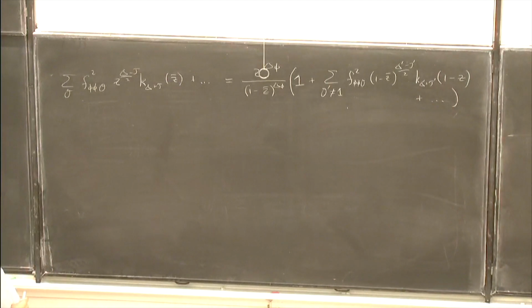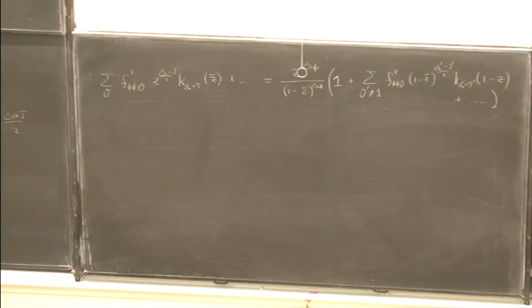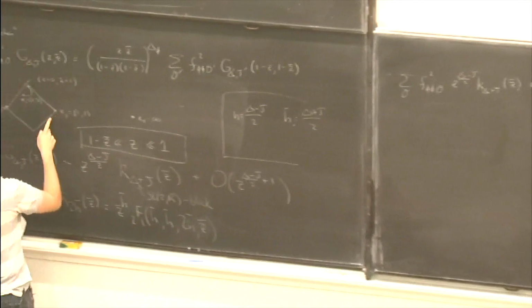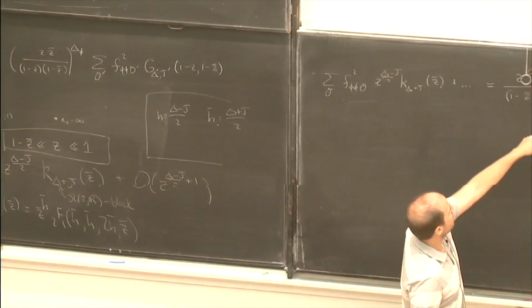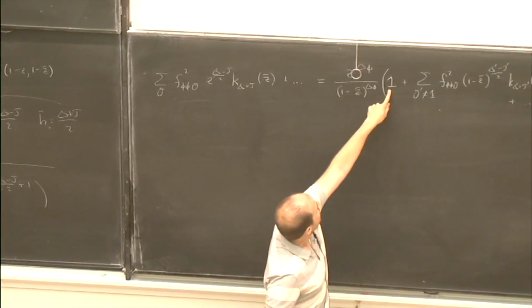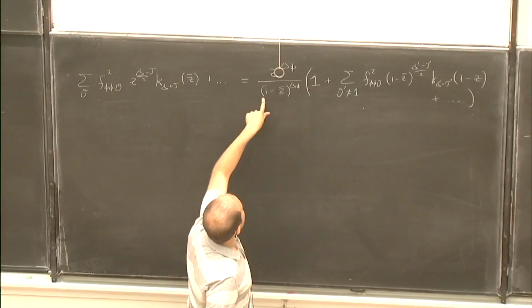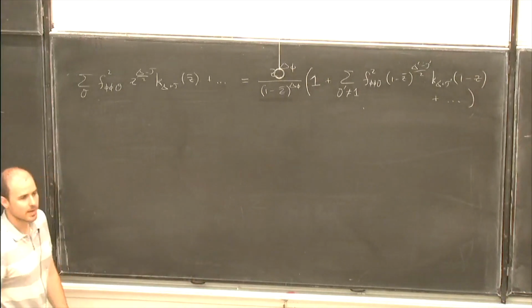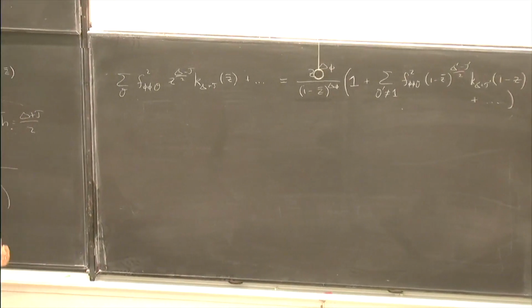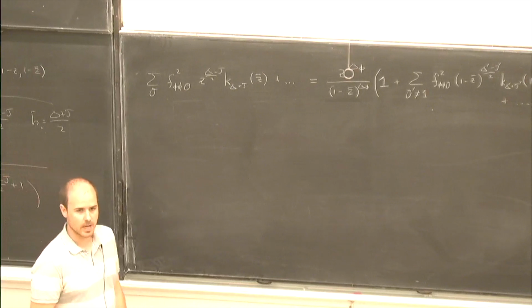And the thing I said earlier about a singularity as x2 becomes light-like from x3 is visible in the contribution of the unit operator. So the unit operator gives that leading singularity. We have 1 in parentheses, and the singularity is this prefactor out here, 1 over (1 minus z bar) to the delta phi. And in this limit, that is getting extremely large. It's the biggest thing on the right-hand side.